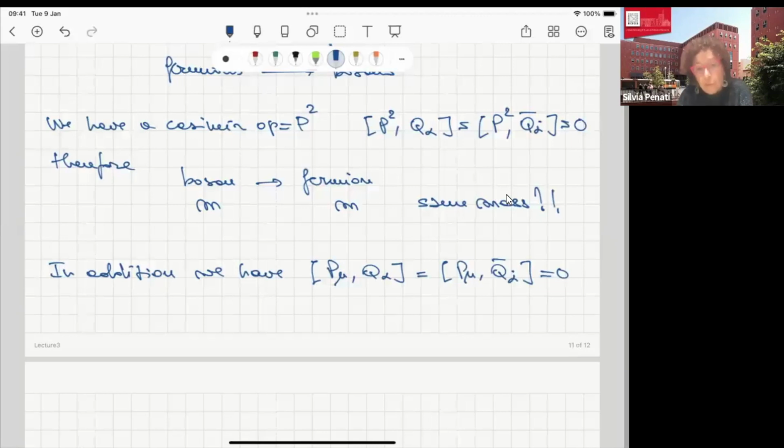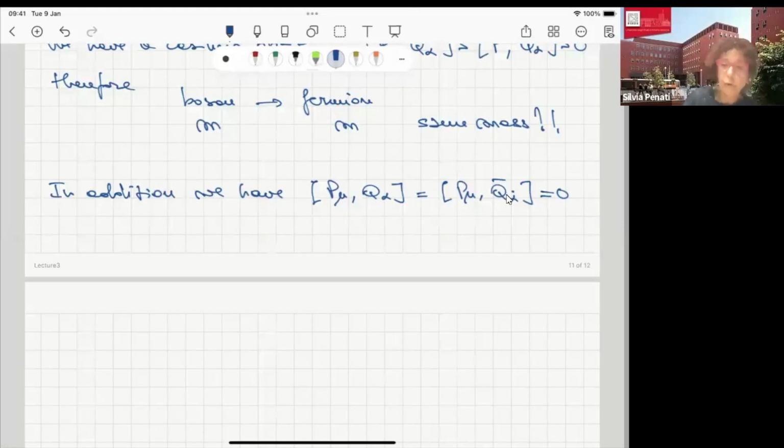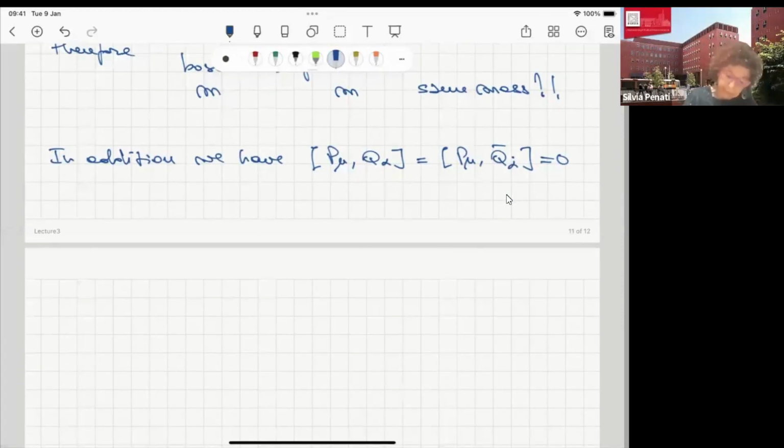Therefore, not only the mass is conserved when you apply a supersymmetry transformation, but also all the four components of P mu get preserved.